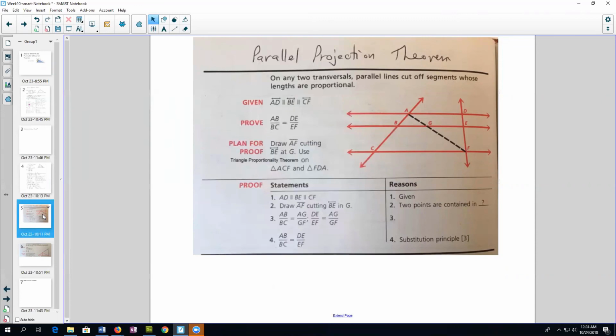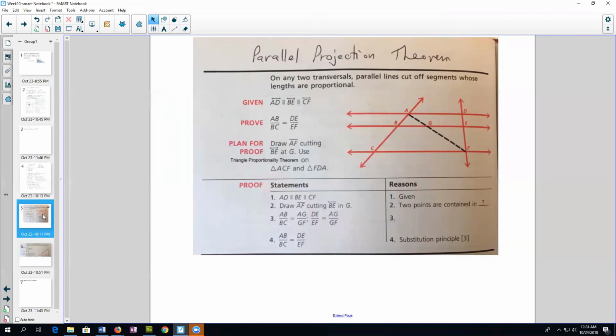Let's take a look at the statement of the Parallel Projection Theorem, which you'll need to take down in your notes. On any two transversals, parallel lines cut off segments whose lengths are proportional. This is quite a powerful theorem because it is very general.